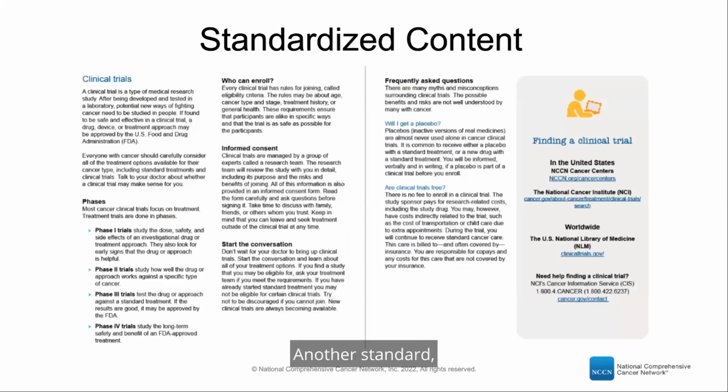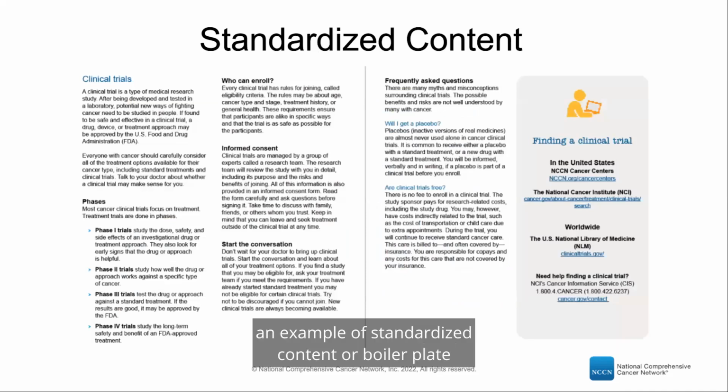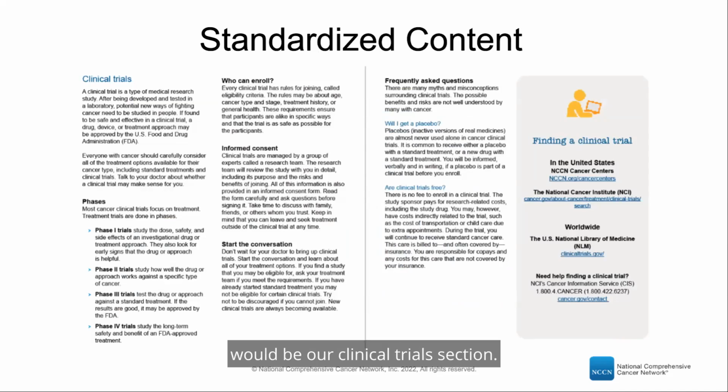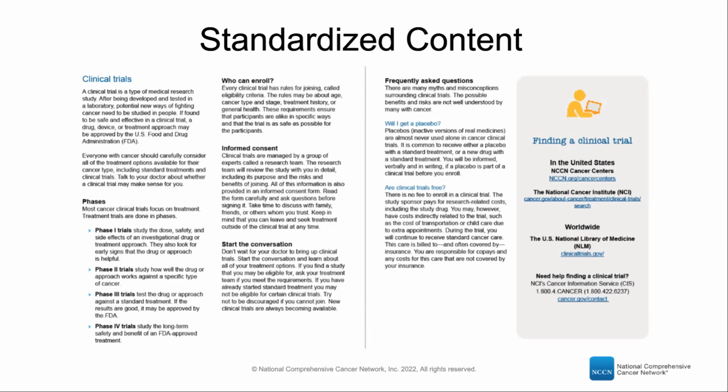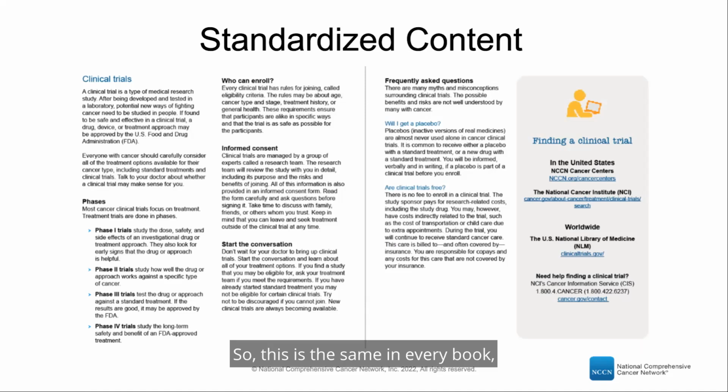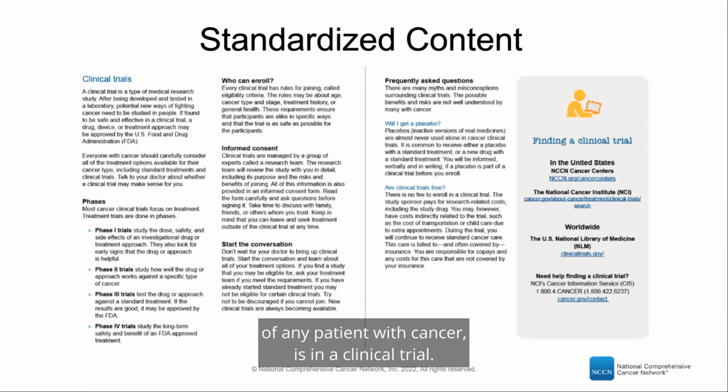Another example of standardized content or boilerplate would be our clinical trials section. So we have 2 kind of official boilerplates. So this is the same in every book. NCCN believes that the best management of any patient with cancer is in a clinical trial.